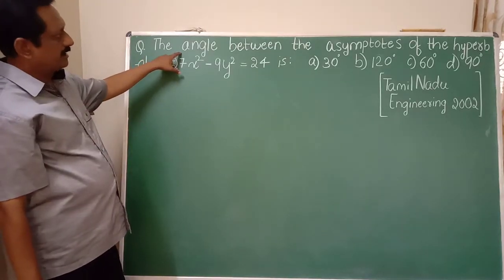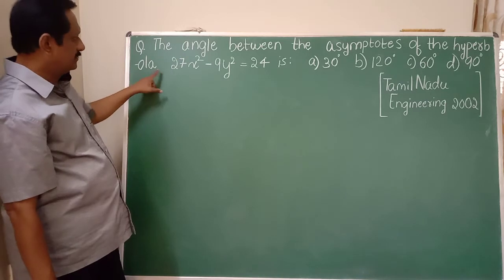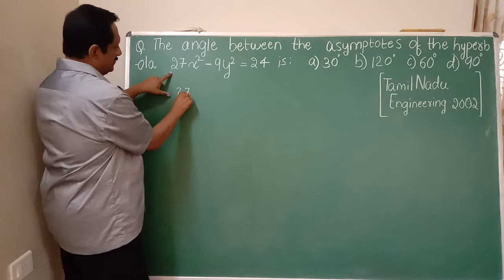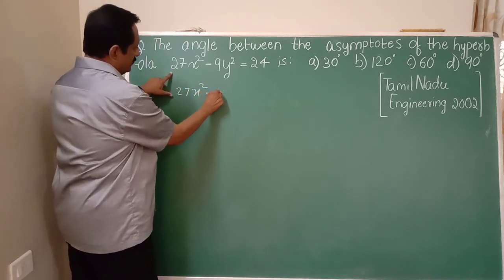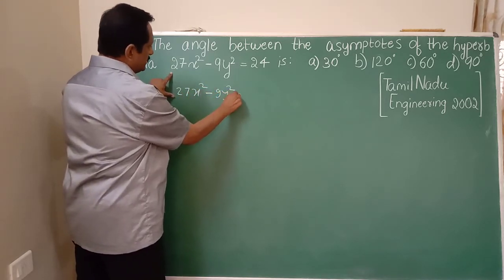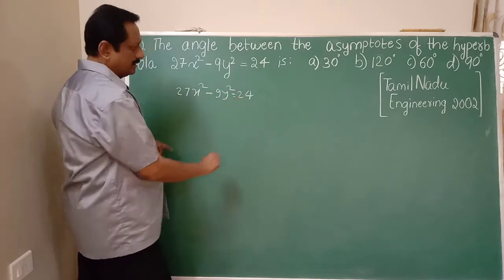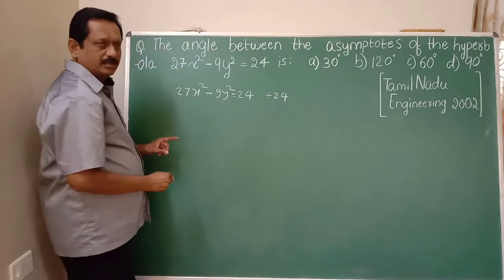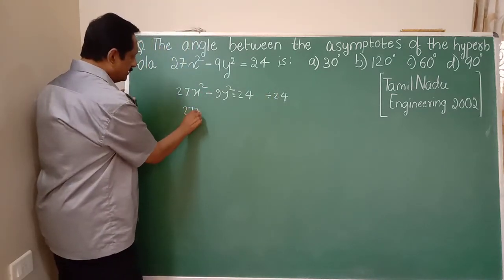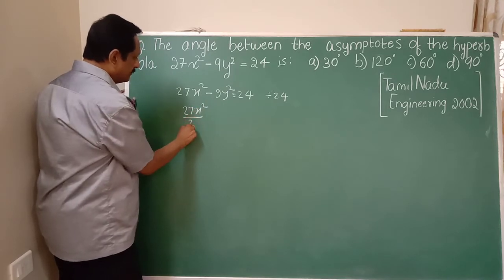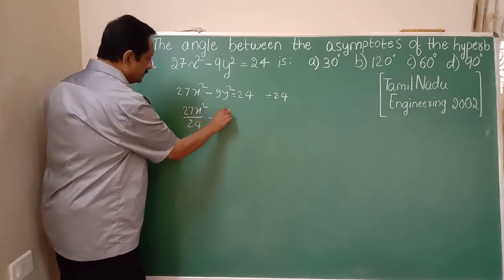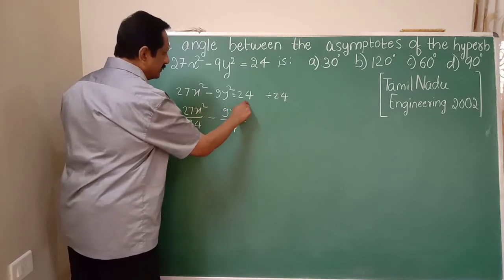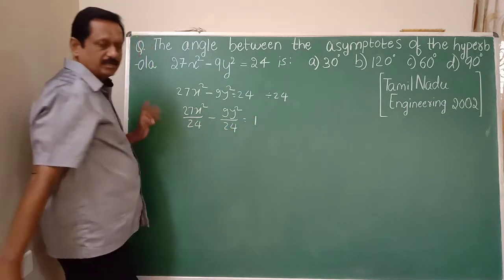So here, find the angle between the asymptotes of the hyperbola. This is the equation of the hyperbola: 27x square minus 9y square is equal to 24. Dividing both sides by 24, 27x square divided by 24 minus 9y square divided by 24 is equal to 1.